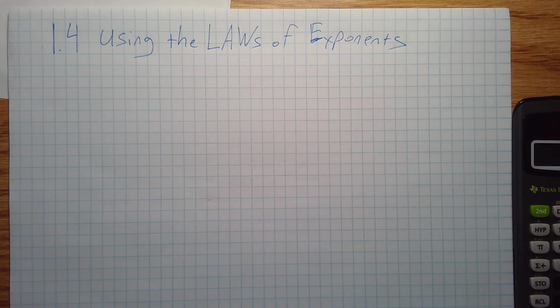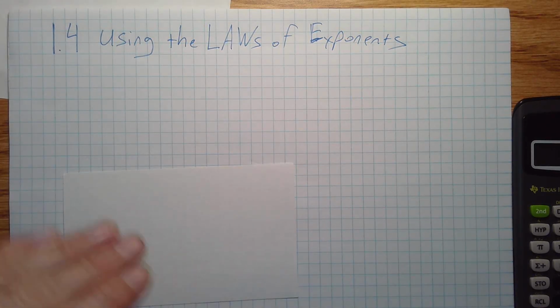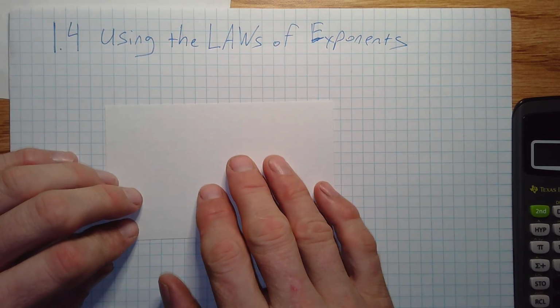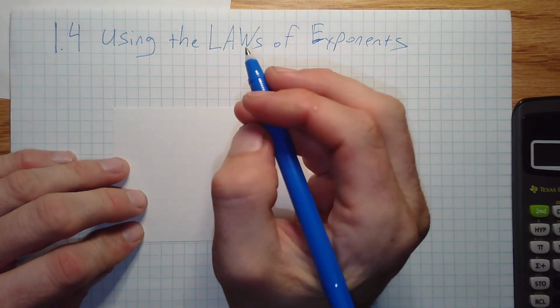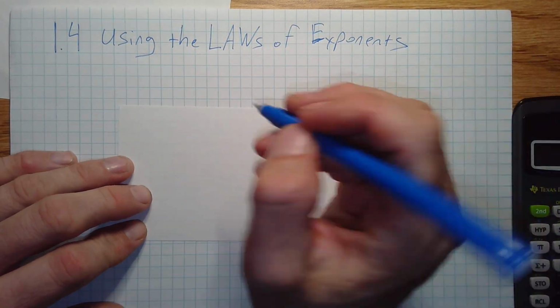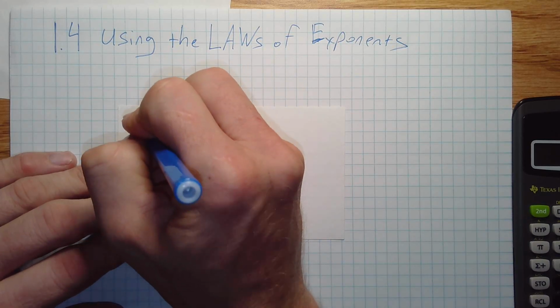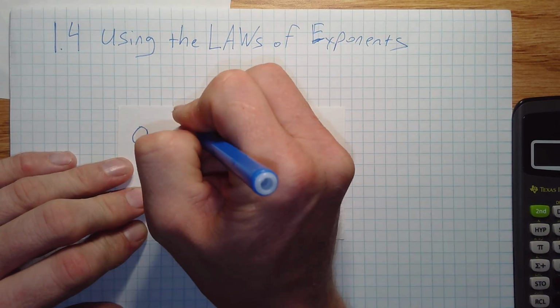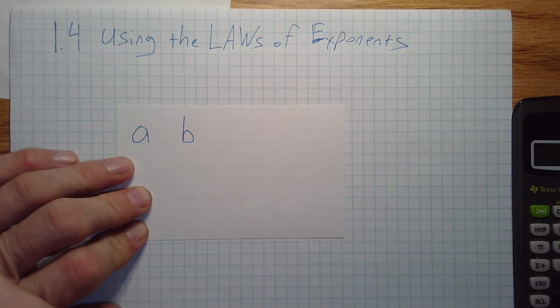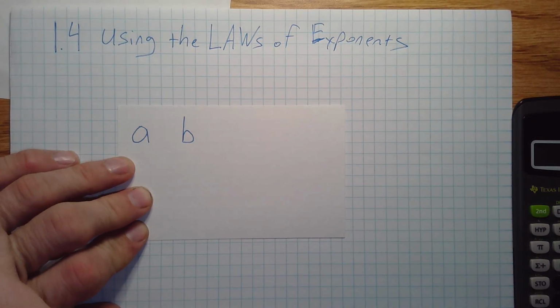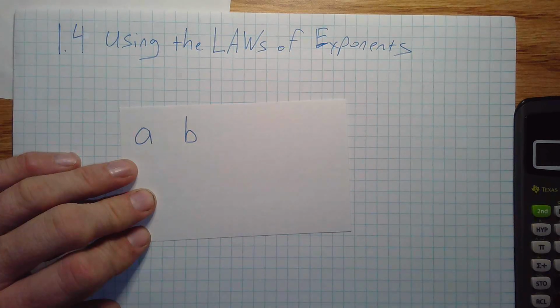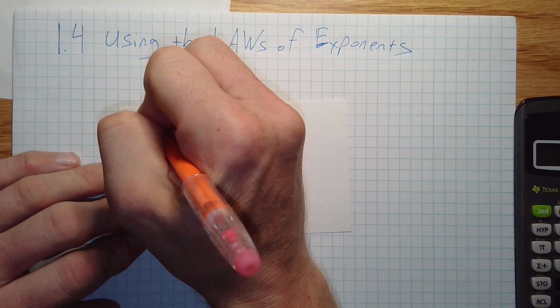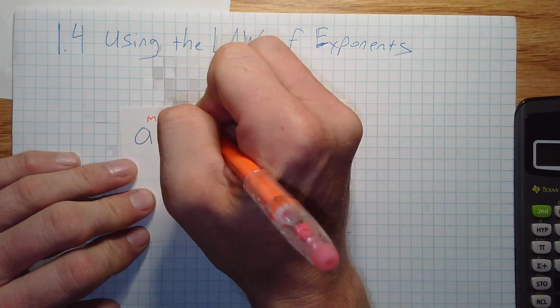All right, but before we do any of that, let's go ahead and review some stuff about exponents. So remember, you have a base, and in my explanation we're going to use A and B as the base letters. These represent numbers, right? And then those are raised to an exponent of m or n.